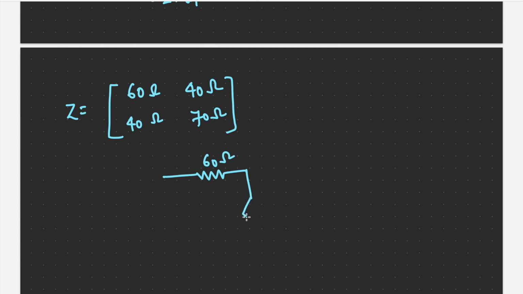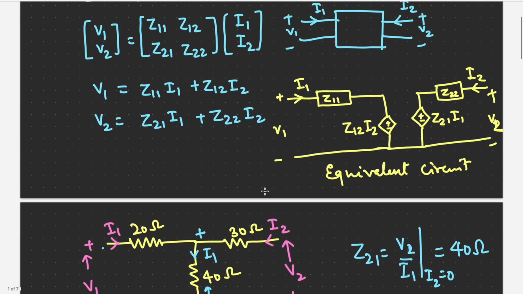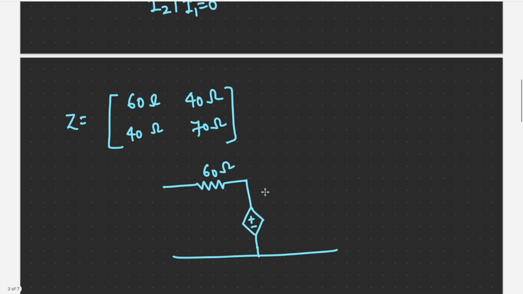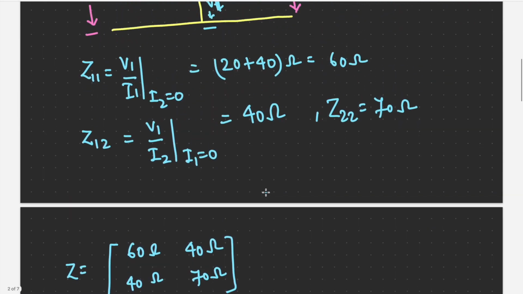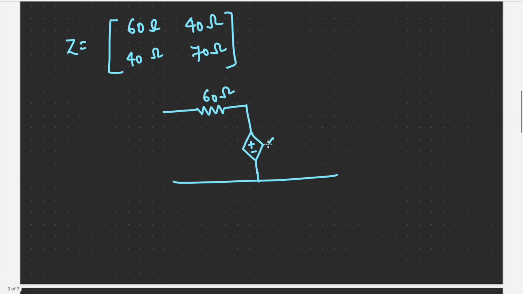Then there is a voltage source, plus minus, and what is the value of the voltage source? We can get it from Z12 I2, which is 40 into I2. So this is 40 I2.